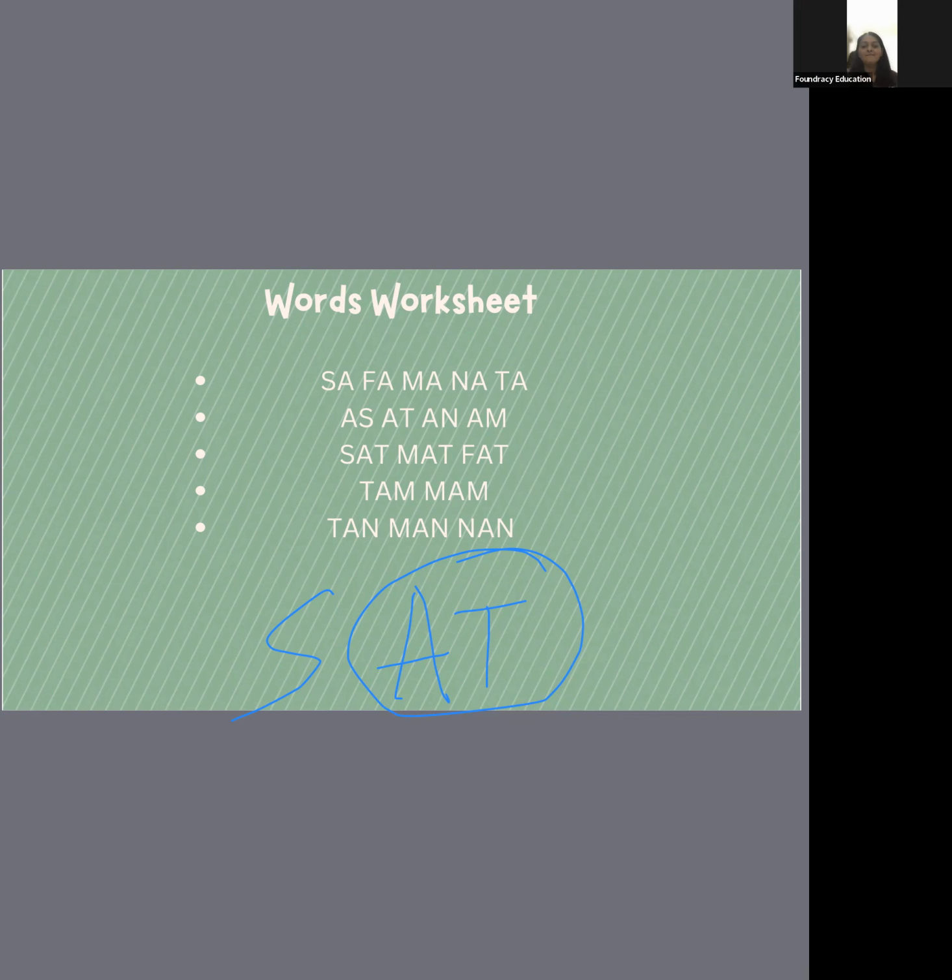Similarly, tam, mam. So you're supposed to do ta, ta, ta, tam. Similarly, ma. Similarly, tan, man, nan. In this last second row, the rhyming sound is am.